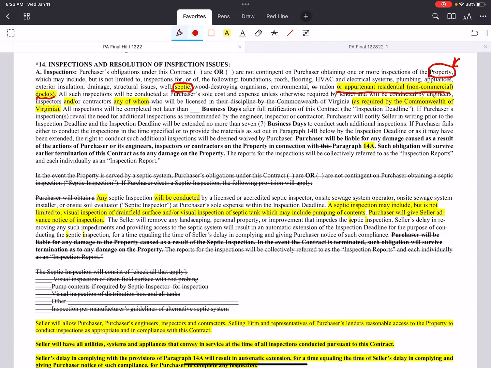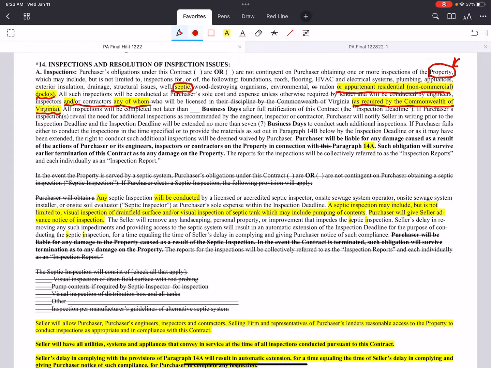We also, you'll notice, made some fine tuning and some changes to the contractor discussion about who is authorized and properly credentialed to do the inspections on the property. And we added this language in here as required by the Commonwealth of Virginia. And the main reason we did this, and y'all probably know, is that there is no requirement in Virginia for those individuals doing termite inspections to be licensed.